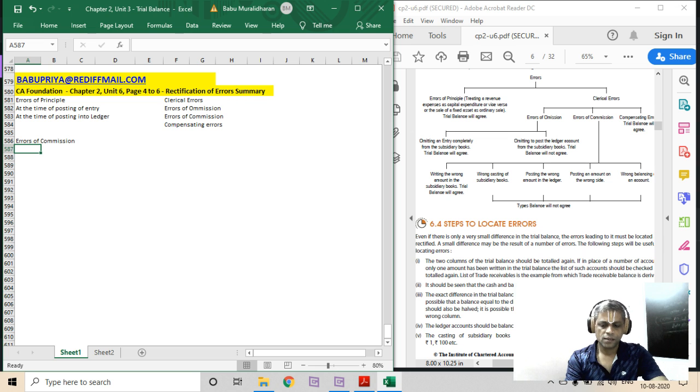One is writing of the wrong amount in the subsidiary books. Then wrong casting in subsidiary books.